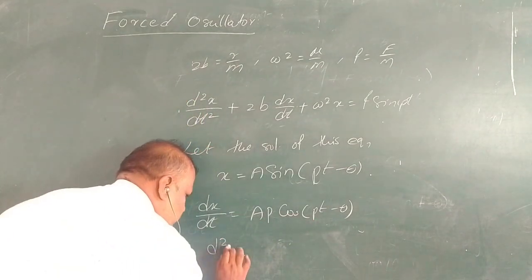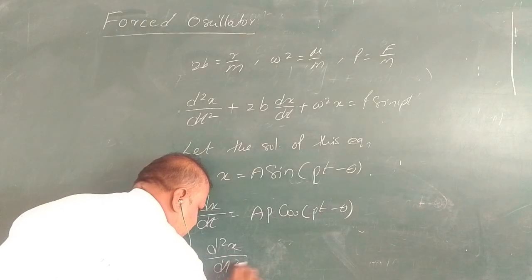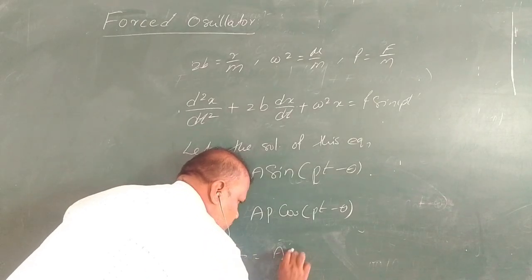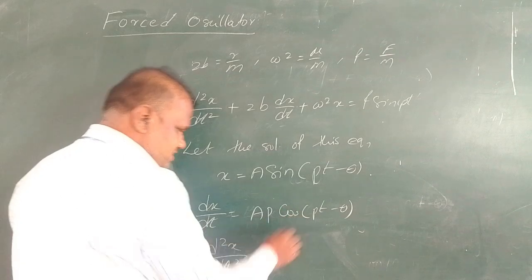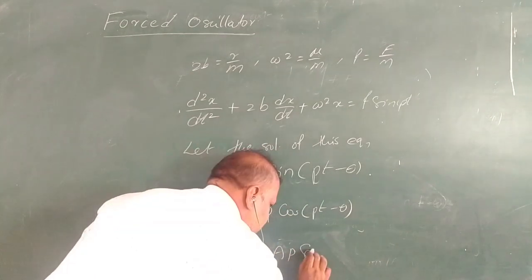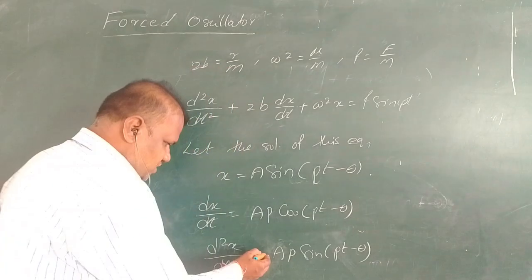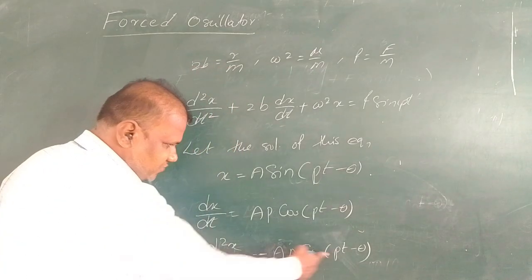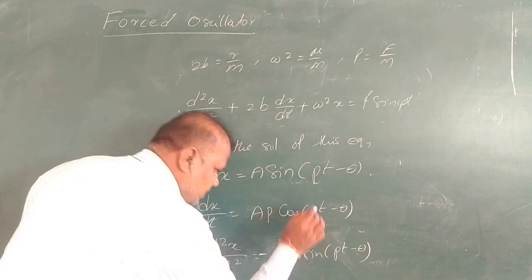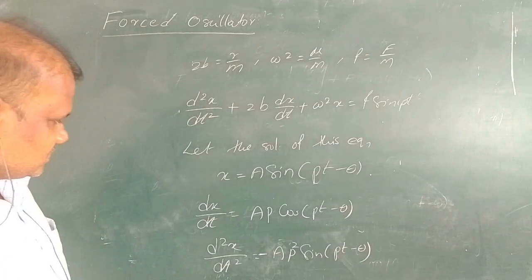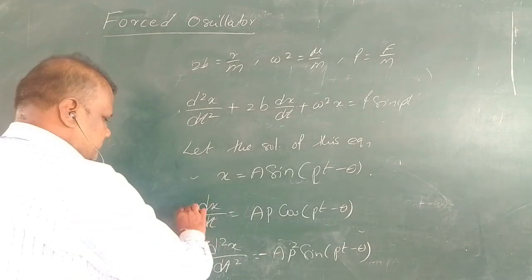Similarly d square x by dt square equals A p, the differentiation of cos is minus sin, so minus sin(pt minus theta), and again one more p, so p square.